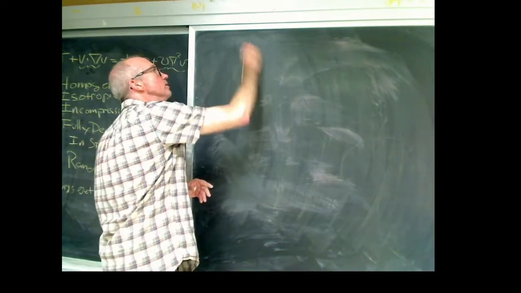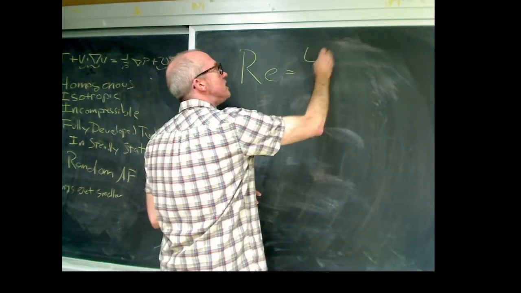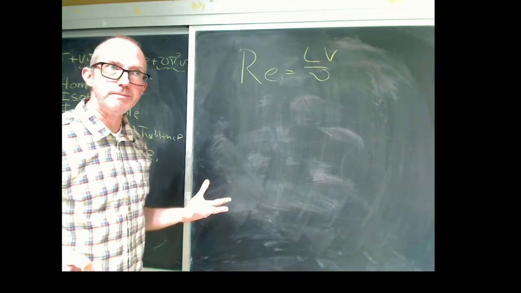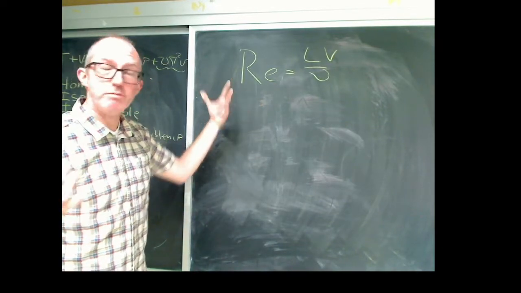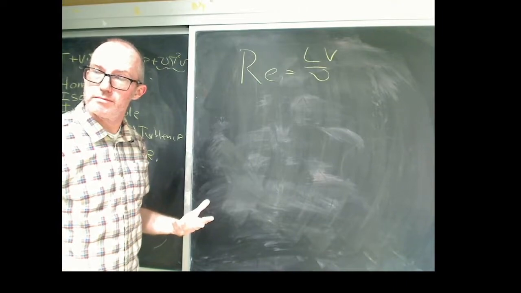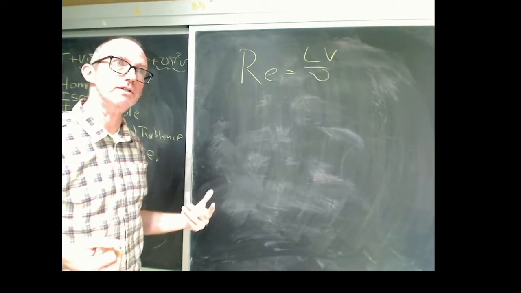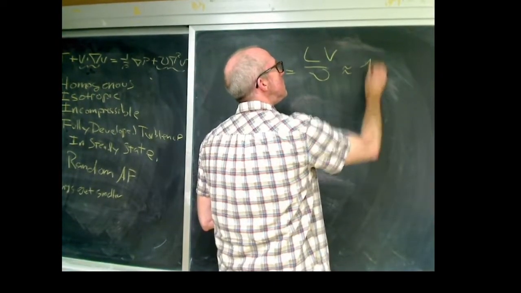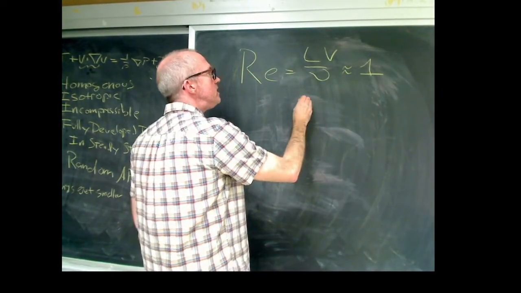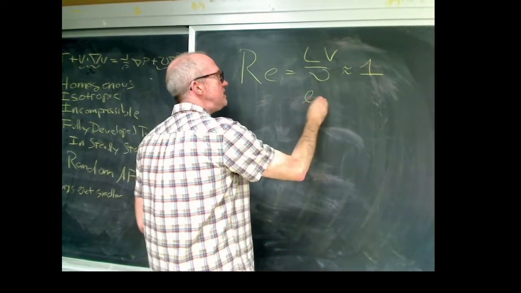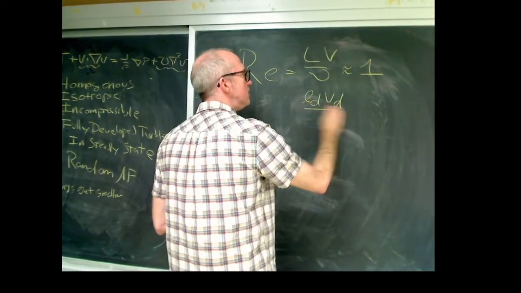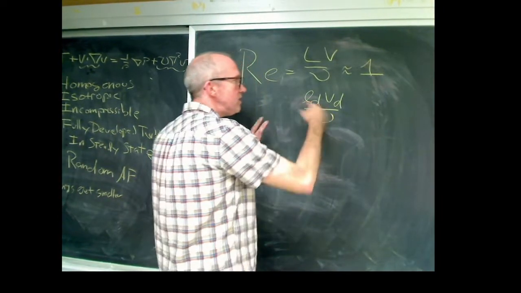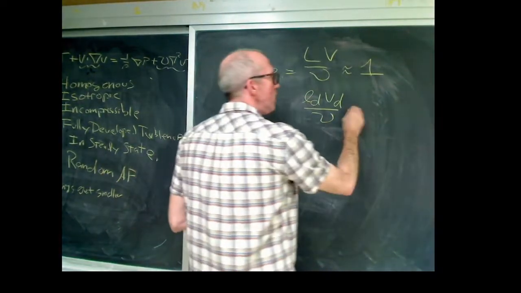Well, we think about the Reynolds number. The Reynolds number is LV over nu. When this is very large, we're in the turbulent regime. But when it's small, we're in the dissipative regime, because that diffusive, dissipative term becomes important when this is like 1. So at some size scale, some L_D and V_D over nu, nu doesn't change with scale, but if I think about small things, there's some velocity and length where this is equal to 1.